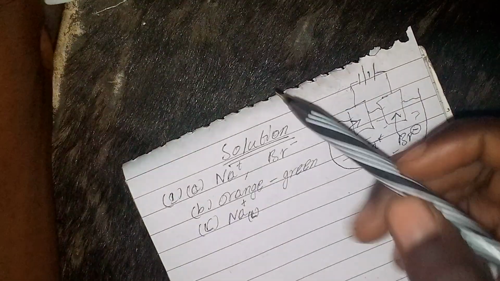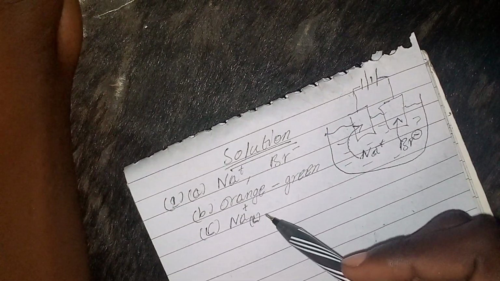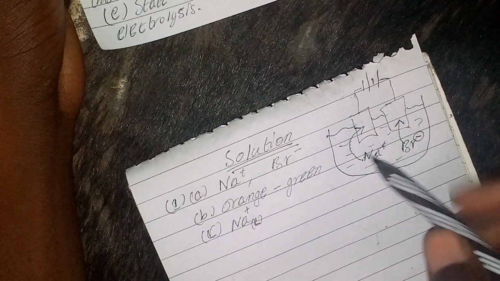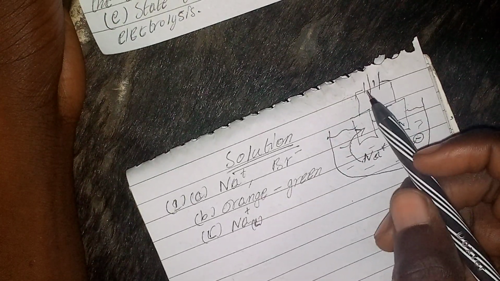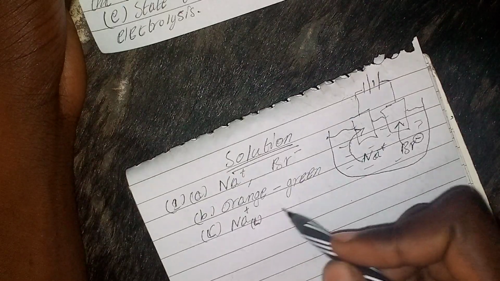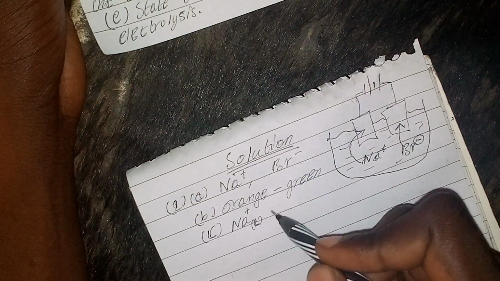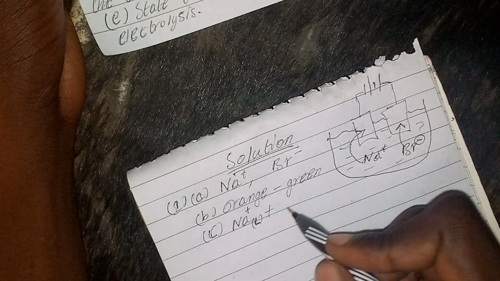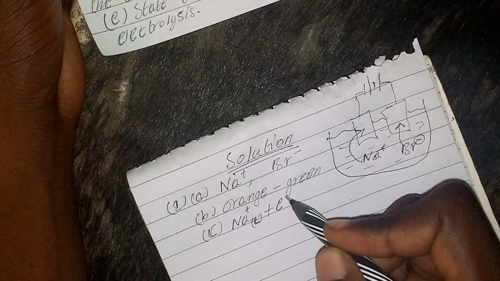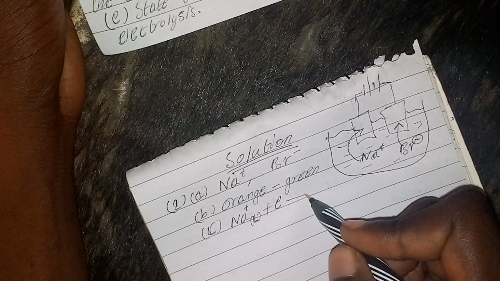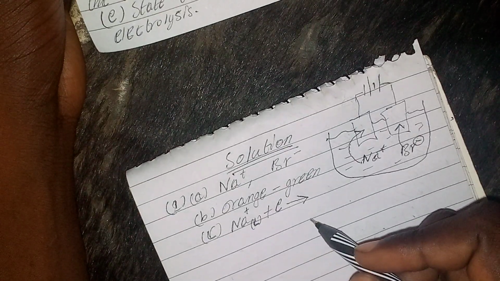So as I was saying, these are the fundamentals of chemistry. So here what will happen is that at the anode there, this sodium ion will receive or will lose one electron. Okay.